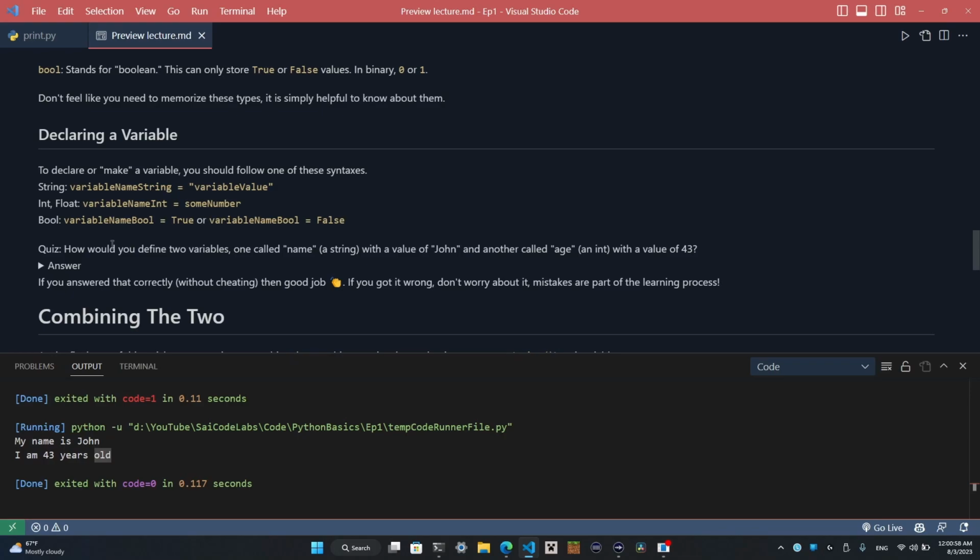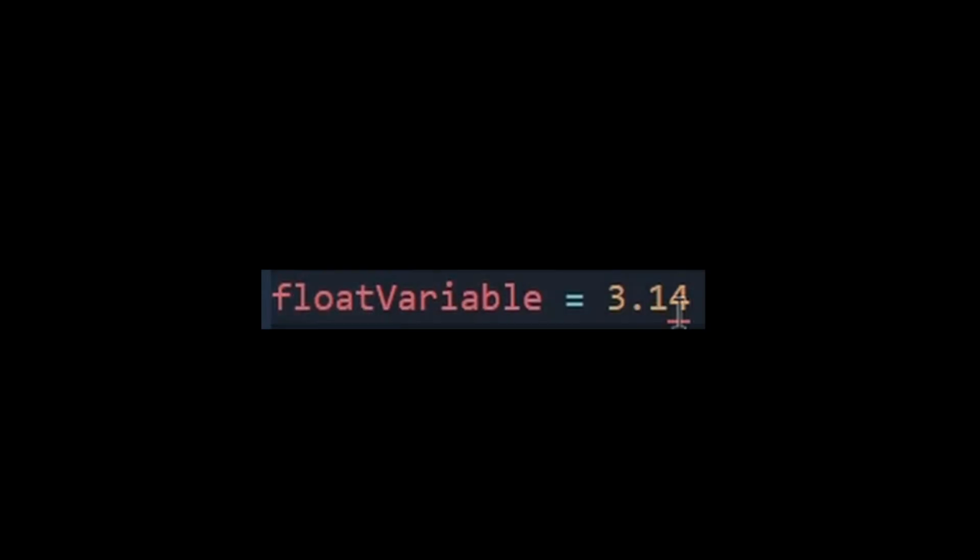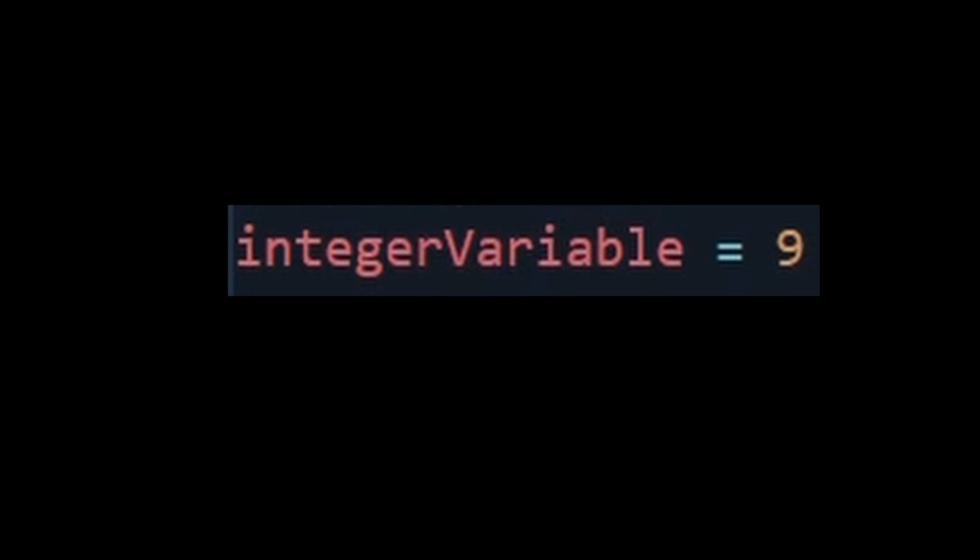When you're declaring a variable, you should follow one of these syntaxes. For strings, you should declare the variable name, and then in double quotes, put the value of that string. After this, we have floats, which goes by the format the variable name equals some decimal. Next, we have integers.